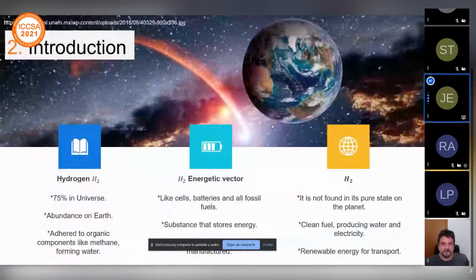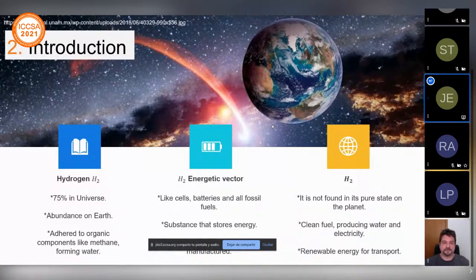Okay, what about hydrogen? Hydrogen makes up 75% of the universe, and it is abundant on Earth too, bound to organic components like methane, or forming water, for example. Also, hydrogen is an energetic vector like cells, batteries, and fossil fuels, a substance that stores energy.